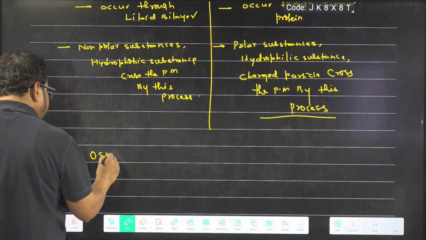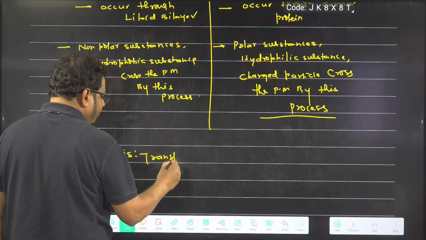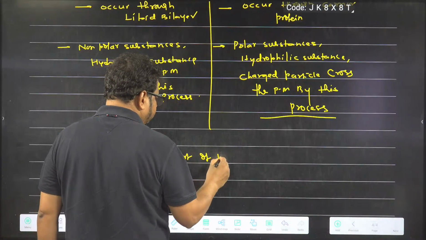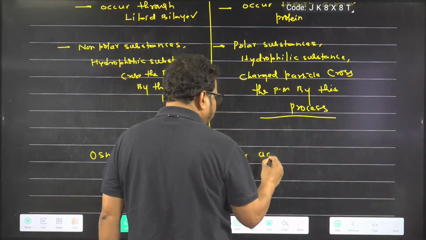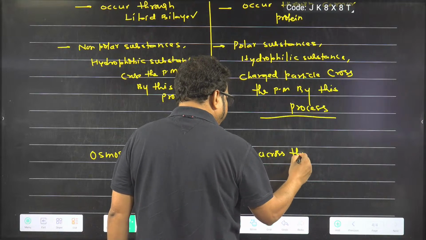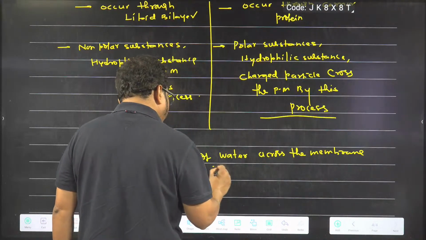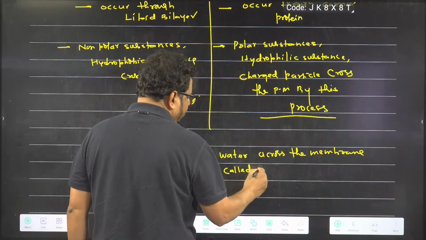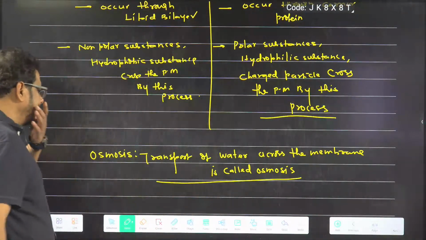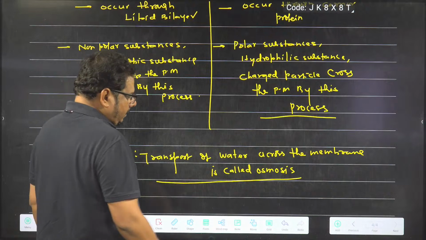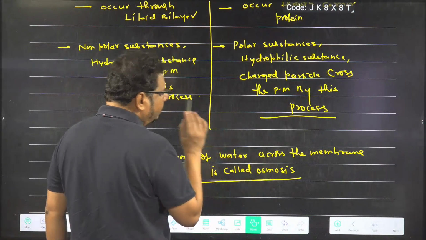Osmosis. Transport of water across the membrane from one side to another side is called osmosis. Got the idea? Transport of water across the membrane is called osmosis.